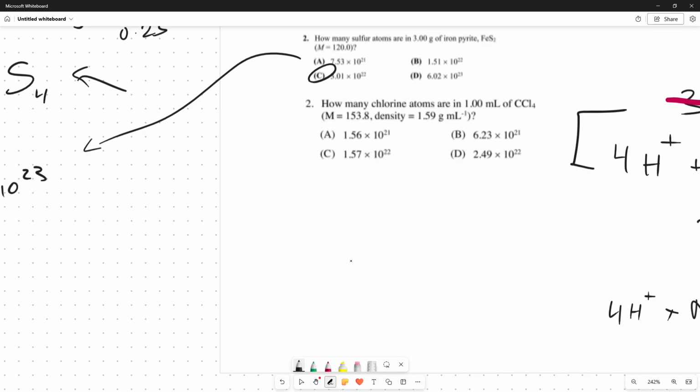Anyways, this is pretty easy. D is equal to M over V. We're in milliliters, so we don't even need to convert to liters. Our density is 1.59 grams per milliliter, we have our mass here, and our volume is going to be 1.0 milliliters.